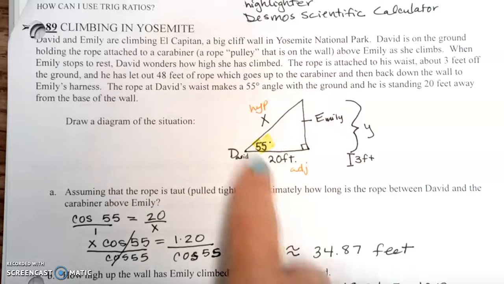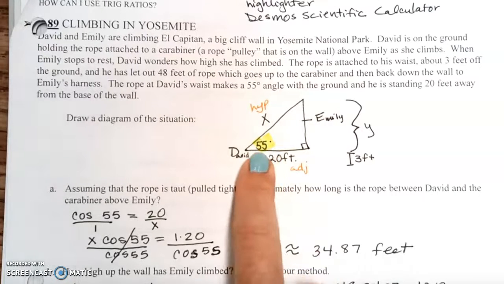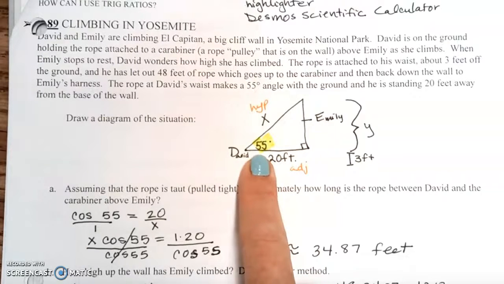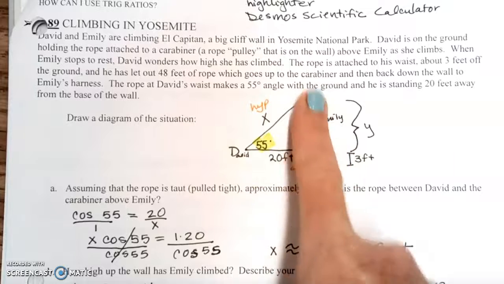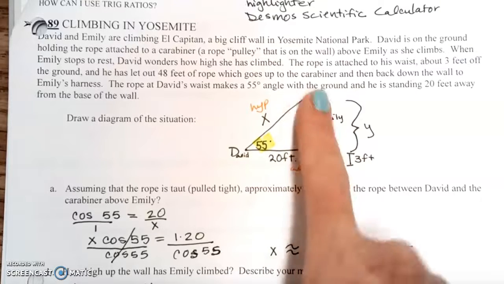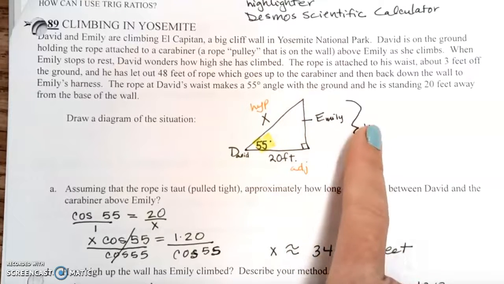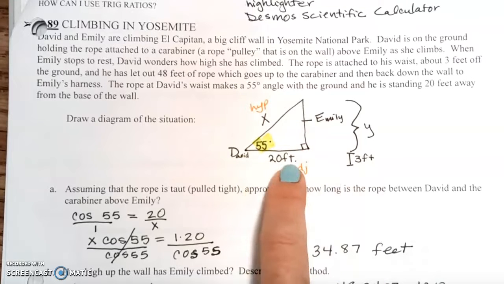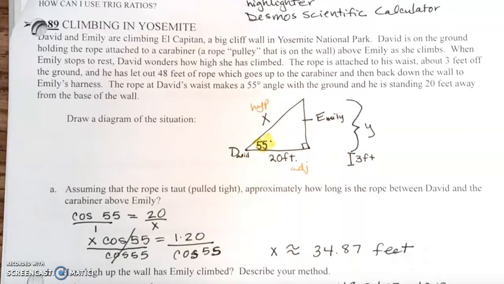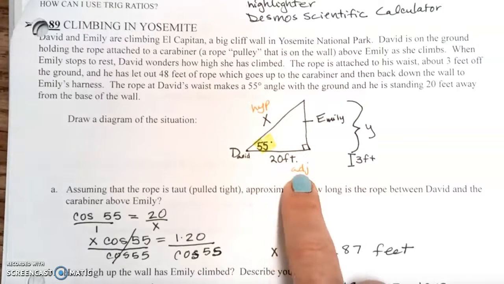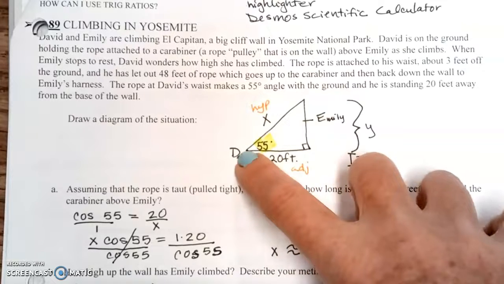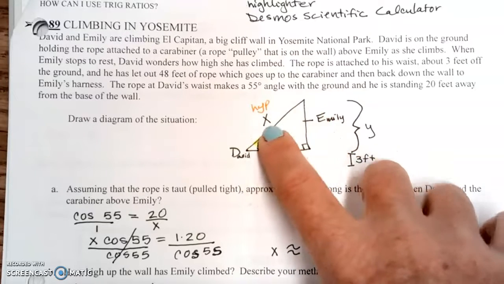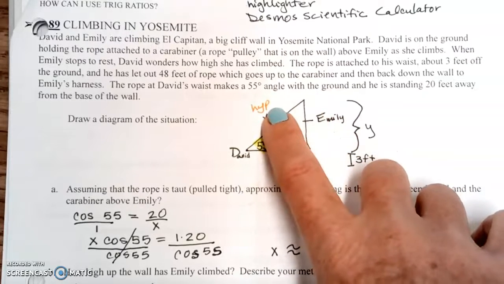Okay. So from this angle that I highlighted, we're going to use this side of 20 feet, which is the adjacent. So I put adjacent right there. And the side we want to find out, which I labeled with an X, that's the hypotenuse.